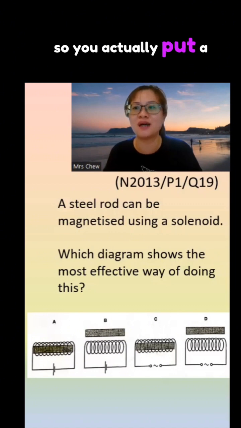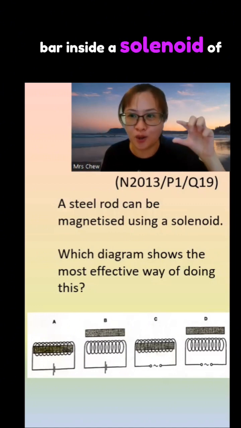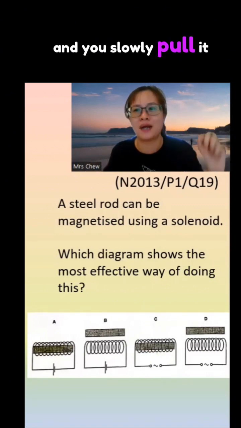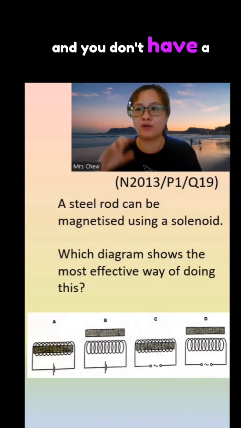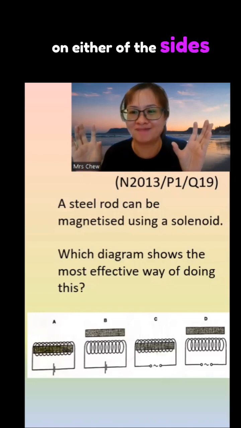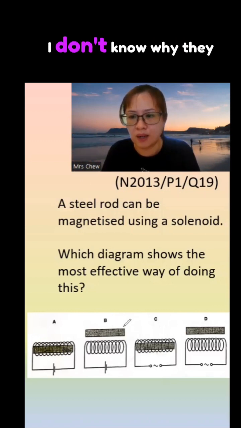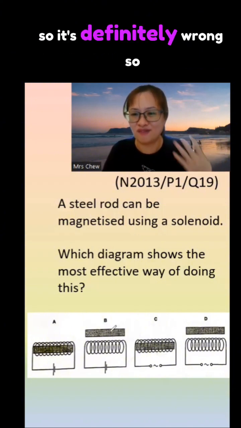So you put the bar inside a solenoid of an AC circuit, and you slowly pull it out so that the dipoles will be irregularly arranged and you don't have a north pole and a south pole on either side. All right, so B and D are ridiculous. I don't know why they put the bar outside the solenoid, so it's definitely wrong.